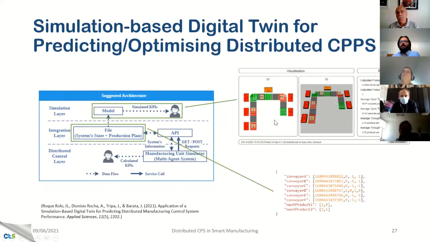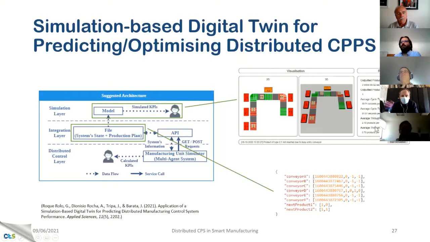The idea of this test was to demonstrate that if we build a simulation model that mimics the interactions that will occur in the cyber physical system, we can predict some values and demonstrate to the human that the system in 1 hour will have these KPIs.